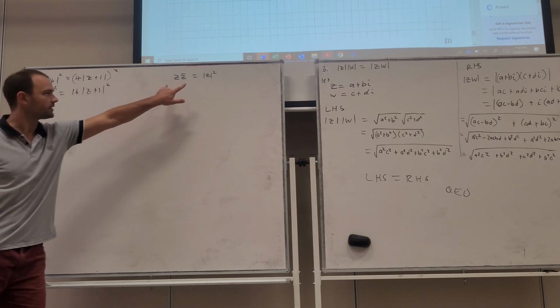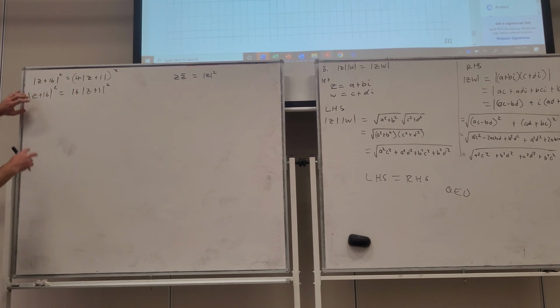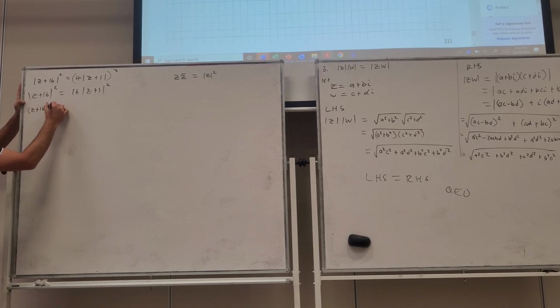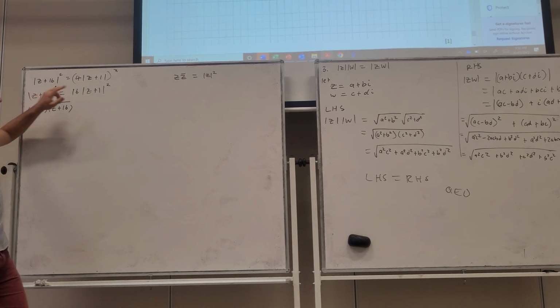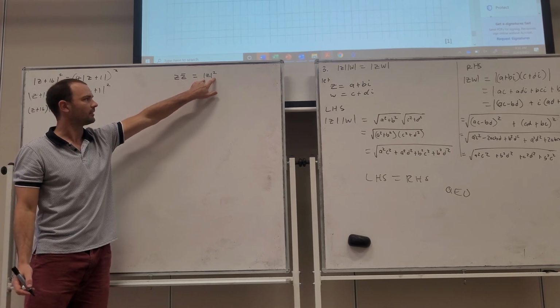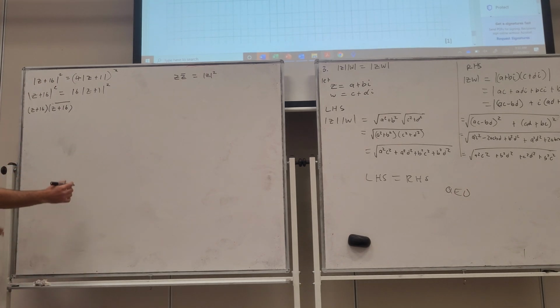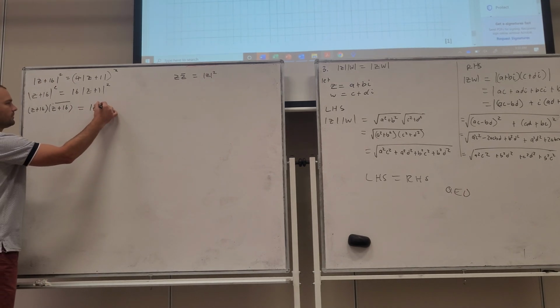Next, we're going to use this rule. If we have the modulus of z plus 16 squared, then we can express that as z plus 16 times the conjugate of z plus 16. We can express it like that, and we'll do the same to the other side.